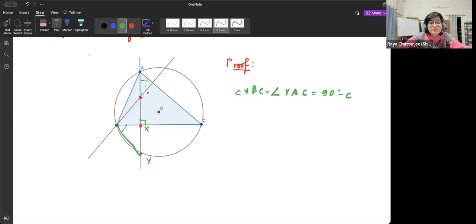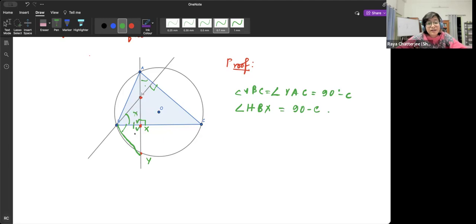And again, since BH is also an altitude, we have this is 90, this is C, and therefore this angle is 90 minus C as well. I'm just going to name that HBC. HBX is 90 minus C. And also these two angles are both equal to 90, and BX is the common arm.